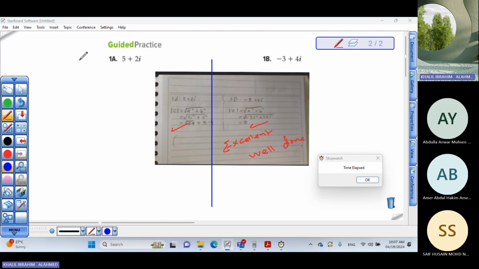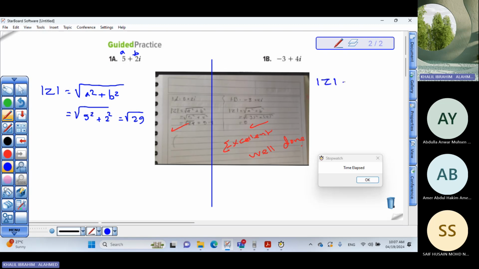Mr. Saif, this is c in absolute value, equals, as you see here, a squared plus b squared. Where is a? This is a. This is b. Just substitute in this formula. Yes, 5 squared plus 2 squared. This equals radical 29. That's it. Also the same.